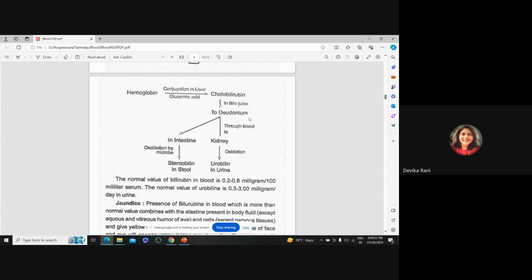From the duodenum, partly it goes to the intestine, and its oxidation takes place by microbes. In the stool, it is called stercobilin. And in the kidney, once oxidation and filtration take place, it's called urobilin in urine.